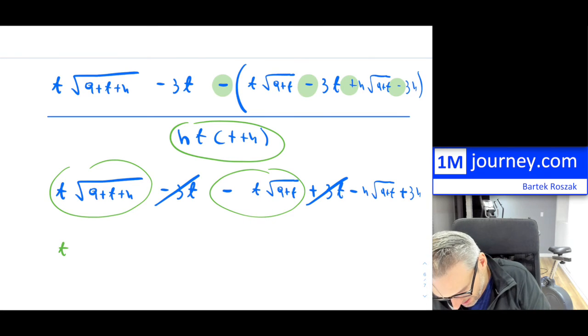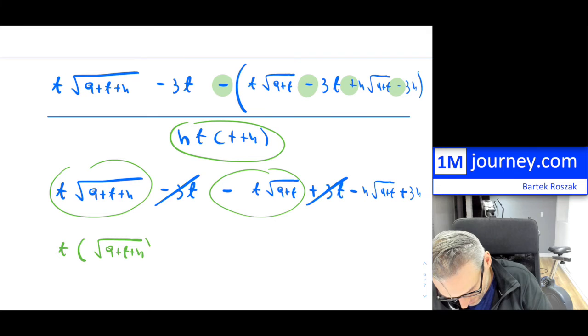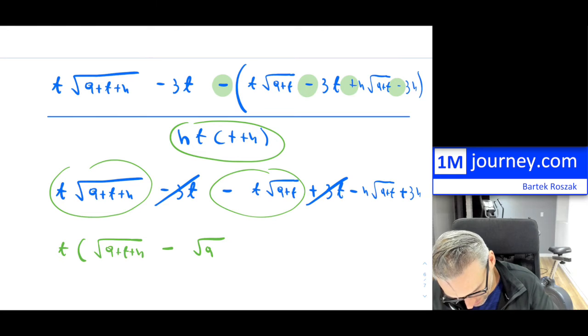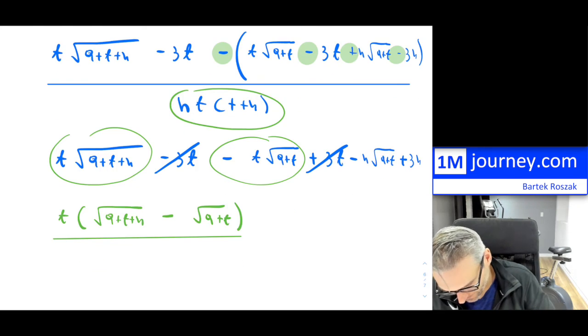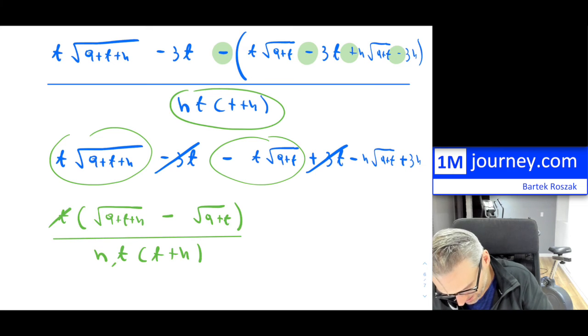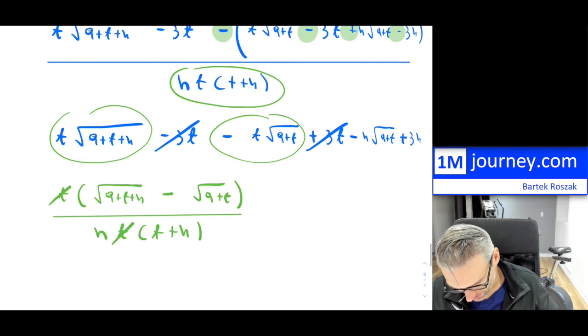So I have the t, and then I have 9 plus t plus h, minus the 9 plus t, all over h times t plus h. So notice this t and this t cancel. So that's gone.